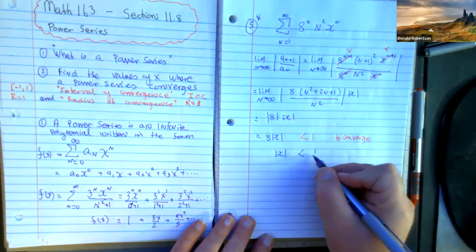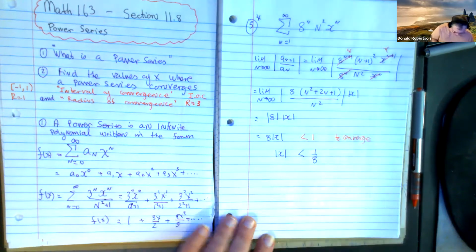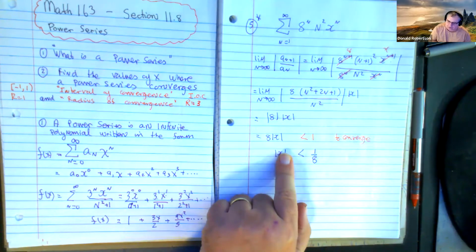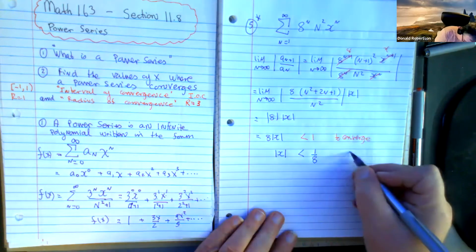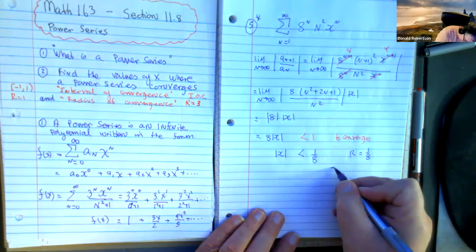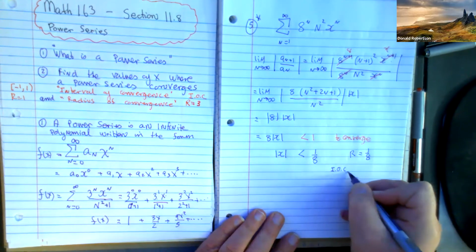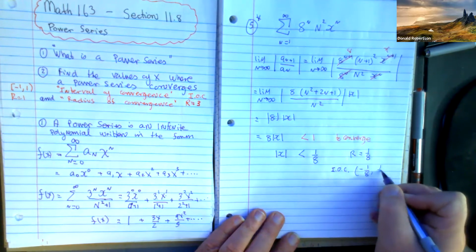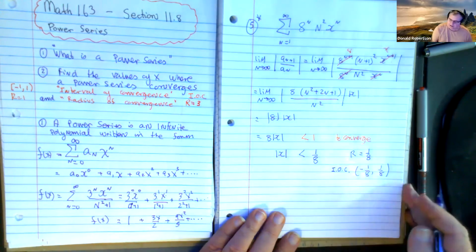So in this case, I will divide both sides by 8, just like you could do in a normal inequality. So the absolute value of x is less than 1/8. So I know the radius is that guy, and I know that our initial interval of convergence is that guy.